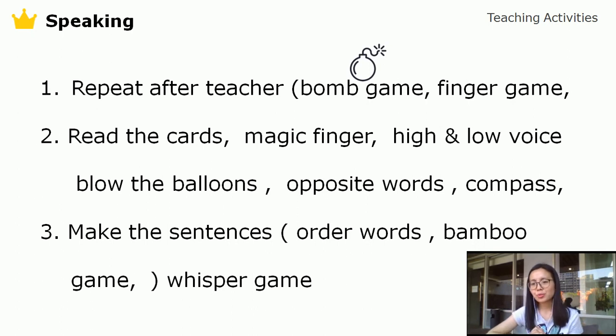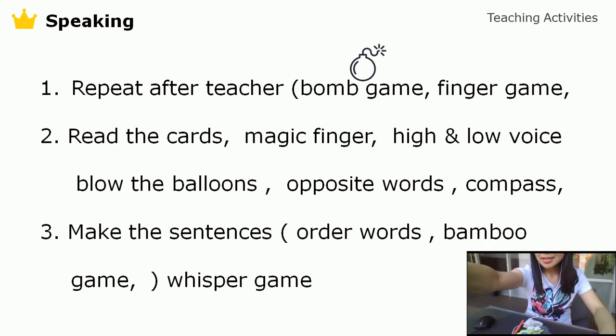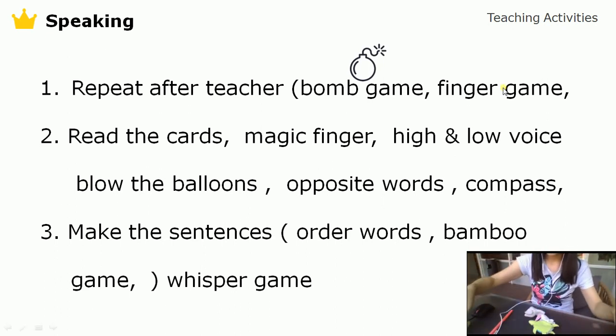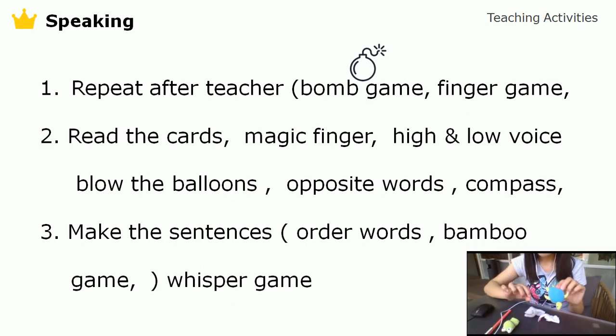And for the next one, this is compass. It goes like this. Can you see that? Okay, yes. So here, if we have 4 words like this, we put them in different corners. We put a frog here, we put turtle here, and we put elephant here, and we put a rabbit here.